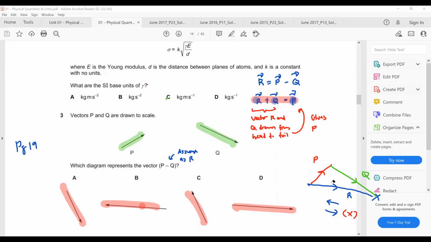But if I draw it in this direction, you'll notice that the head of Q is meeting the tail of R. This one is drawn head to tail. So this one drawn head to tail right now is giving me P.